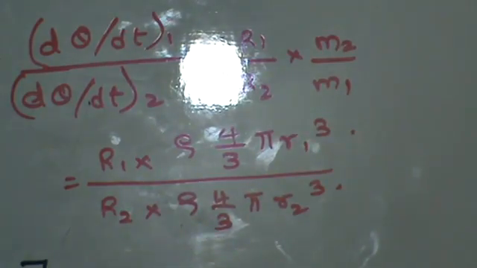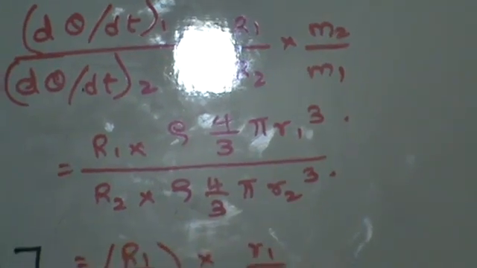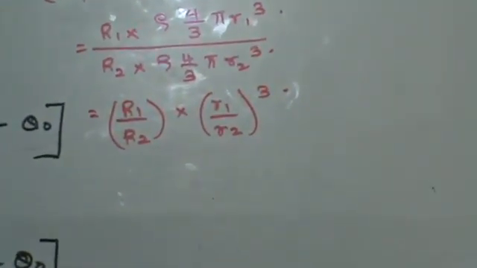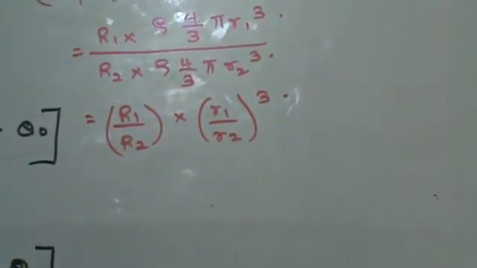Since the body is made up of same material, density is going to be same, so rho is going to be same. So in this case, this is going to be nothing but r1 upon r2 into r1 upon r2 the whole cube. That's how you will compare the rate of fall of temperature, right? So when you solve this, you will come to know the rate of fall of temperature.